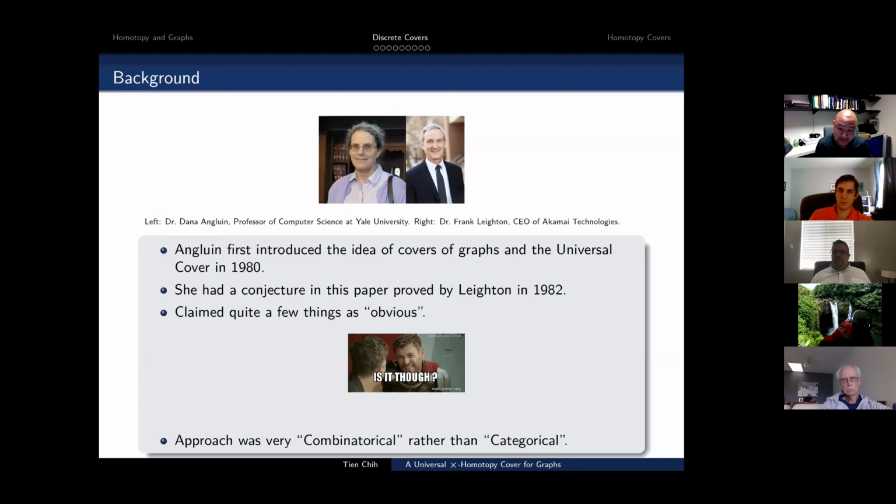For example, there's never any proof that the universal cover is actually universal in any categorical sense, which seems like an oversight. If you're going to call something the universal cover.